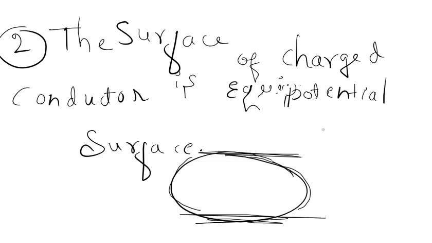So in this case, at the surface of a charged conductor, the electric field is normal to the surface of the conductor at each and every point. Normal means perpendicular.